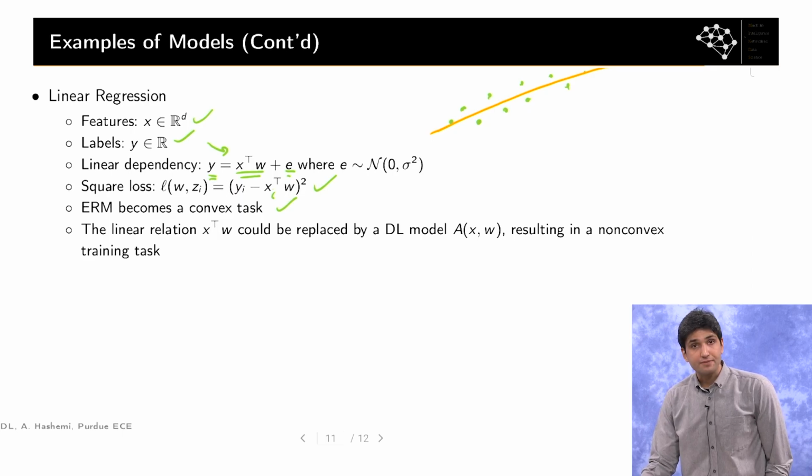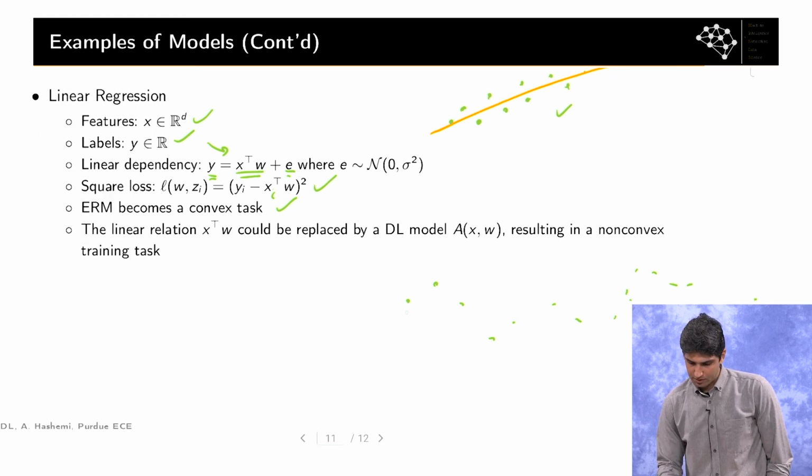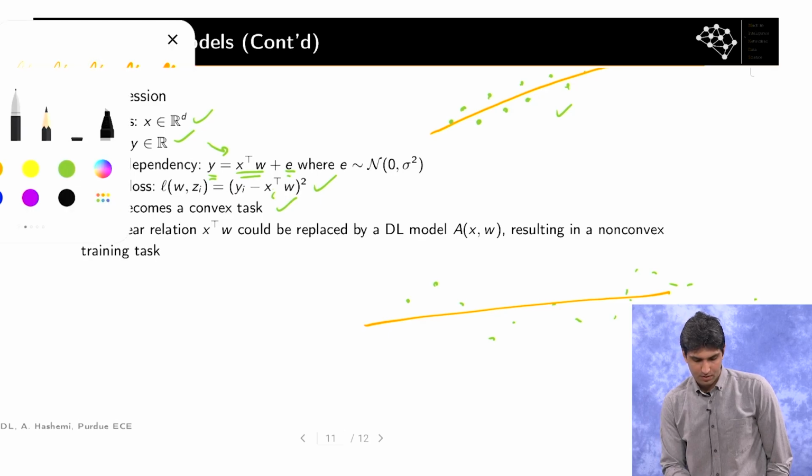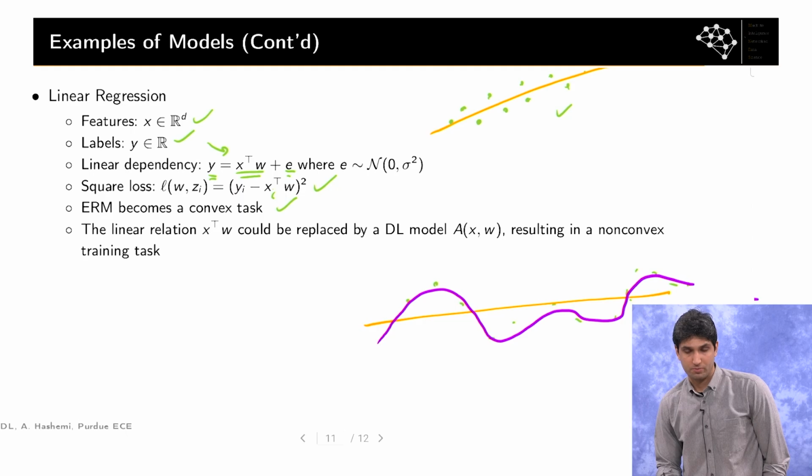But again, one drawback here is that the relationship may not be as nice and linear as I'm depicting here. For instance, I could have a highly nonlinear relationship. So obviously, my linear model is not going to be a good fit, but a nonlinear model, such as this one, is going to be able to fit the data much, much better.